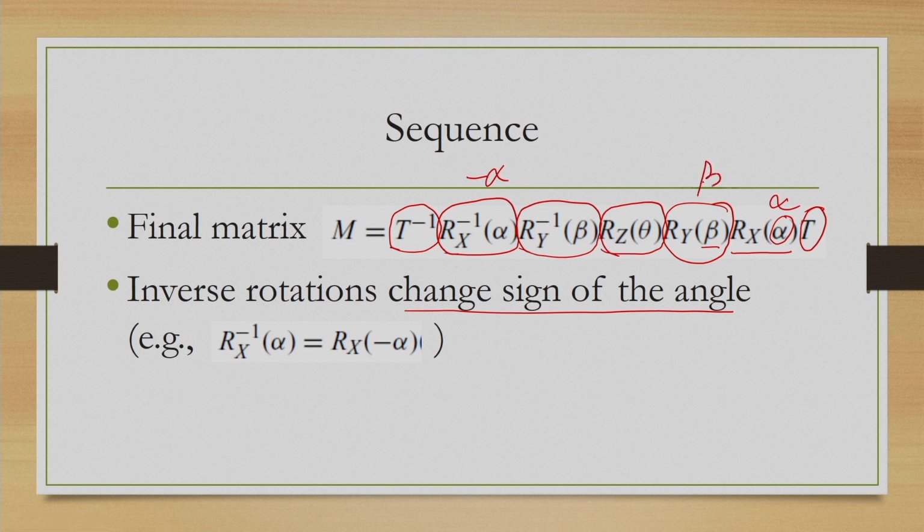Similarly, we rotated here with beta, here we will rotate by minus beta. So, the reverse rotation means changing the sign of the angle of rotation, because from counterclockwise we are now rotating clockwise. So, these matrices multiplied in the particular sequence shown here will give us the composite matrix for rotating an object by an angle theta about any arbitrary axis of rotation.